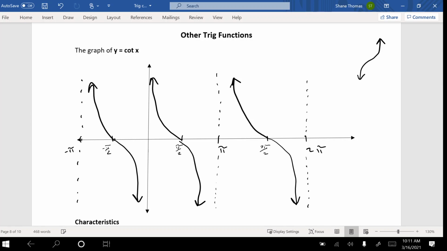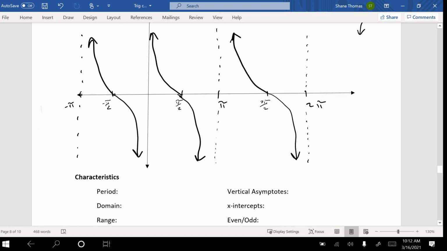All right, that's what cotangent would look like. Same thing as tangent: after you find where the asymptotes are, the point halfway between the asymptotes is where you're going to cross the x-axis. So in this case, we had an asymptote every pi, so pi over 2 is where our intercept would be. Cotangent looks like that.